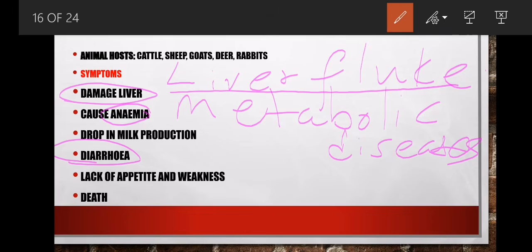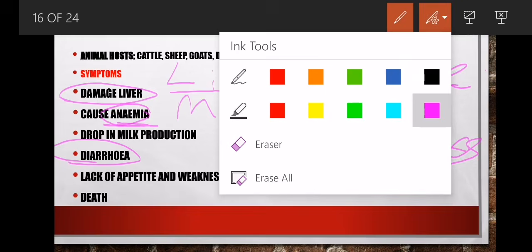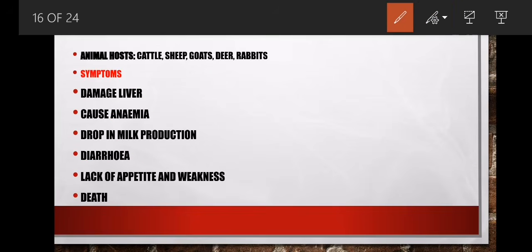Your answer will be anemia. It's very important for you to understand this one. So people, we have these symptoms. One, damages the liver. Because it's anemia, it causes what? Diarrhea. Then we also say it will lead to a drop in milk production.